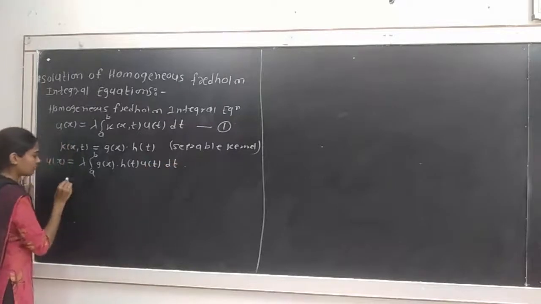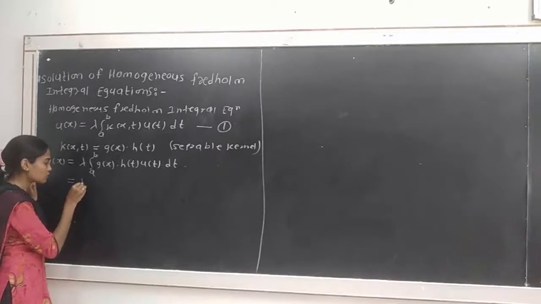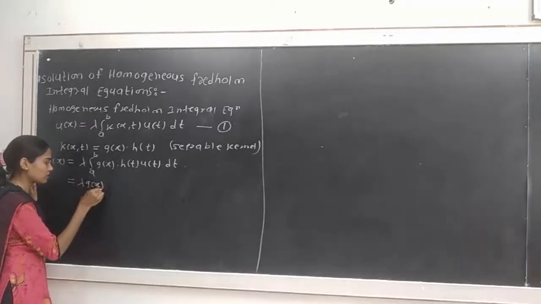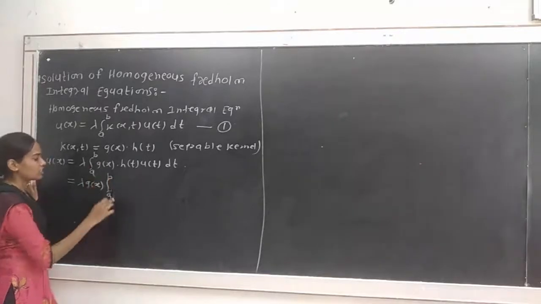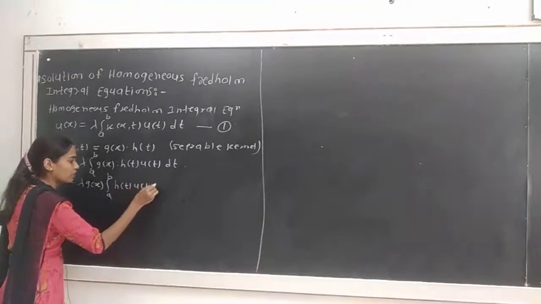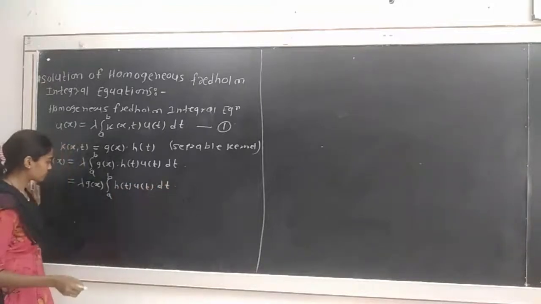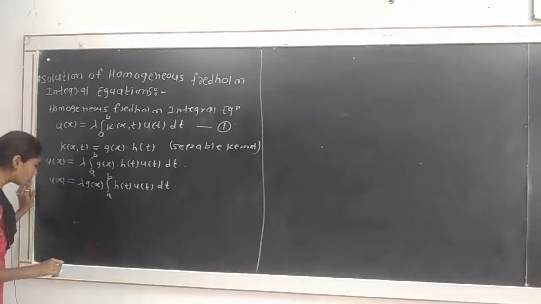Here g of x is constant with respect to t, so we take it outside the integration. So lambda g of x, and in the integration from a to b remaining only h of t into u of t dt.